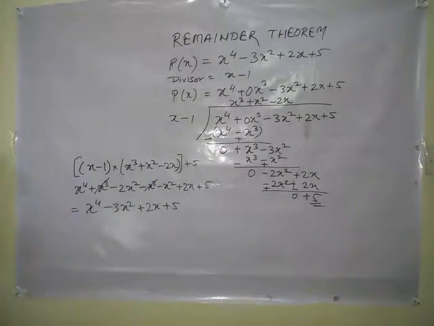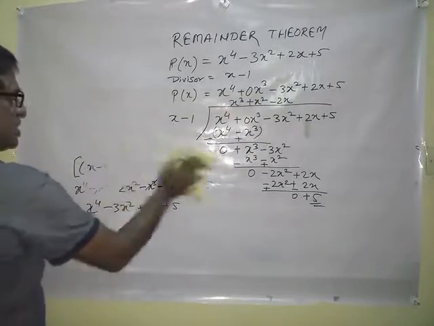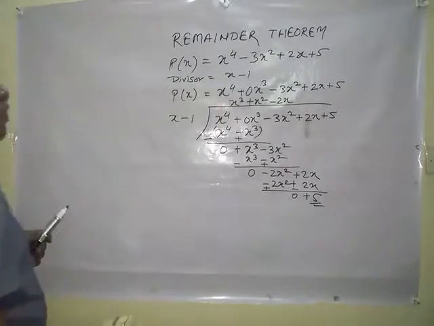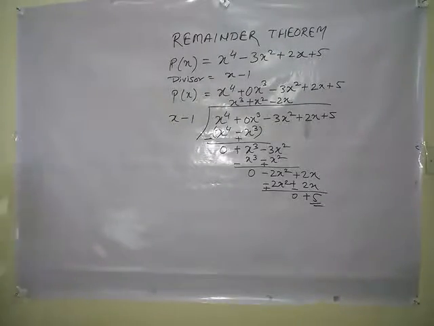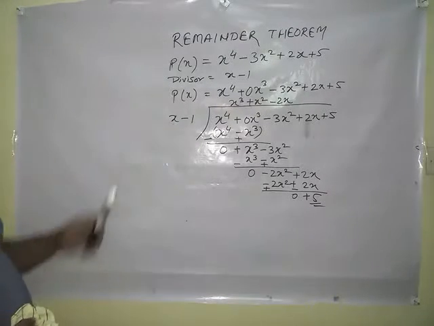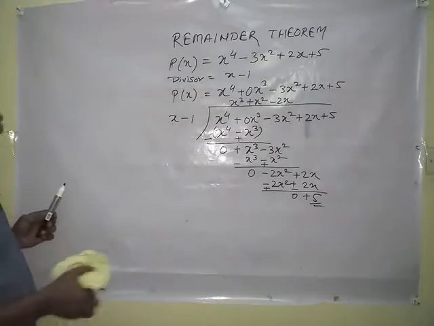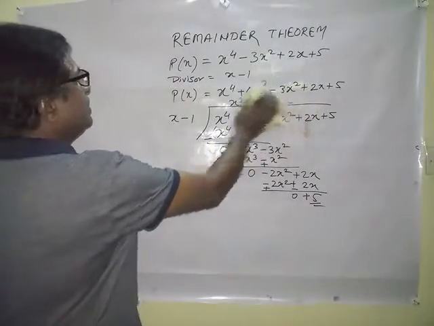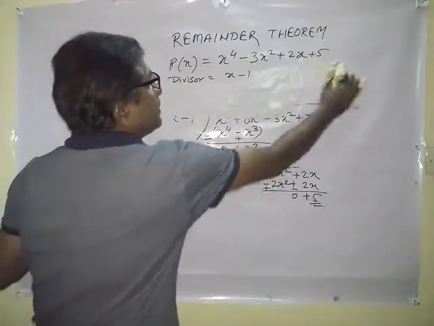So this is what it is. This is a long way of finding out the remainder. But why are we using the theorem? Because of the theorem we can find the easiest way to get the remainder.